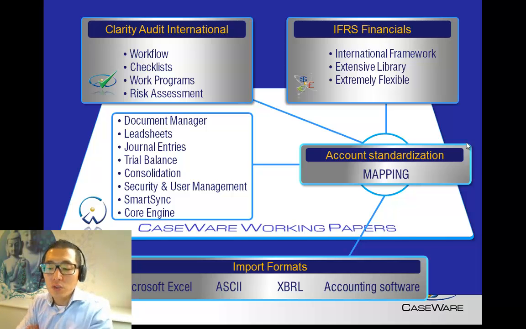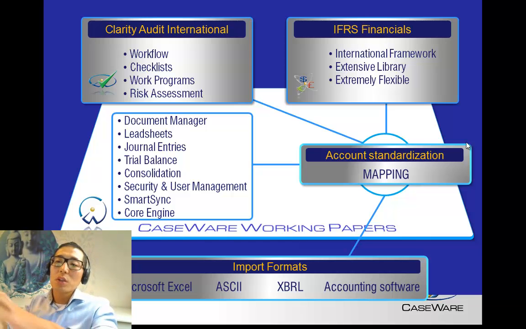IFRS Financials is our international template. It would give you a full financial statement with the balance sheet, income statement, cash flow statement, all the notes and disclosures based on IFRSs. But in different jurisdictions, we will have different local financial statement templates available as well. And those will meet the local requirements, usually dealing with filing, etc.